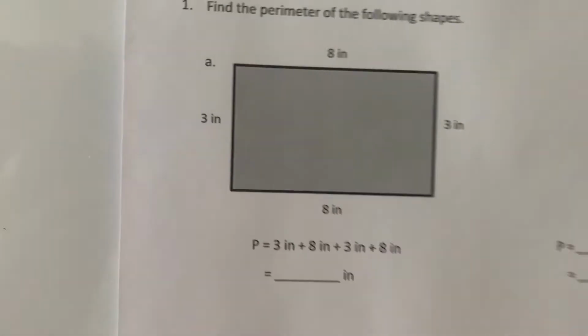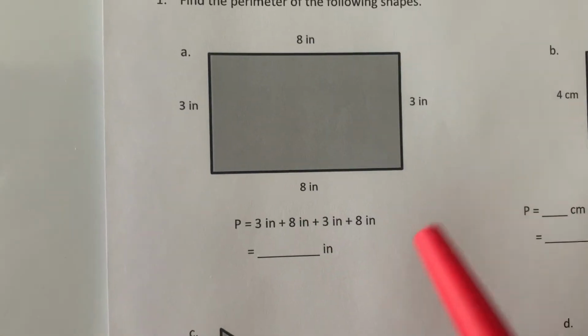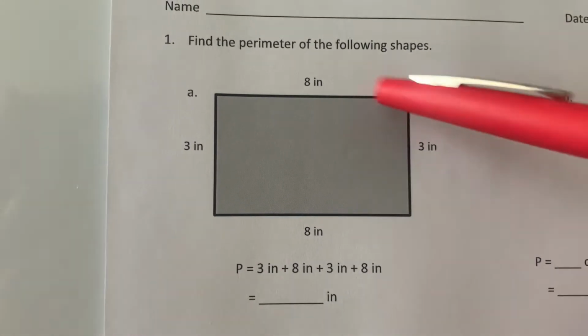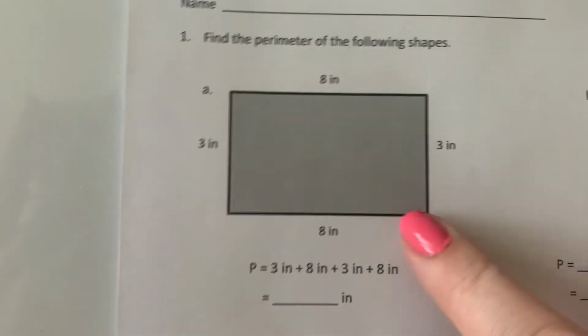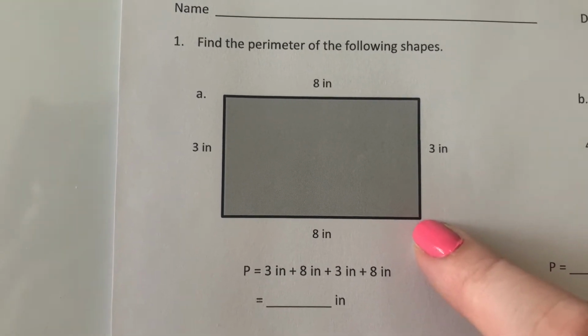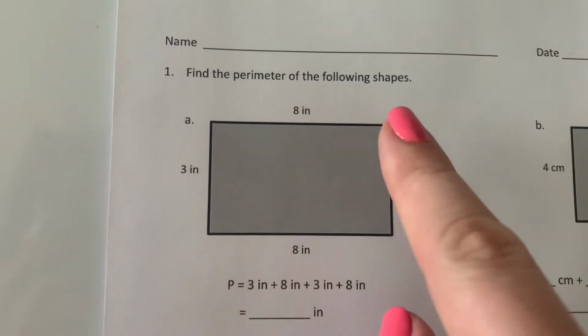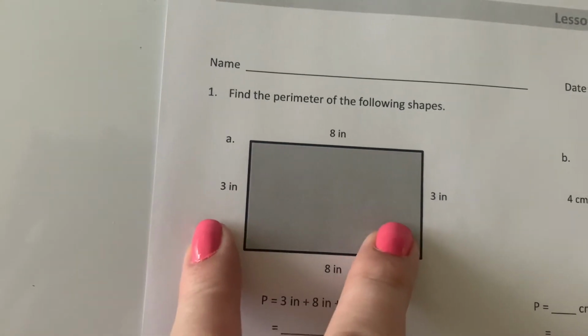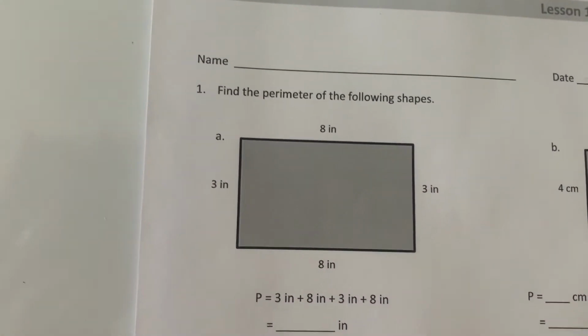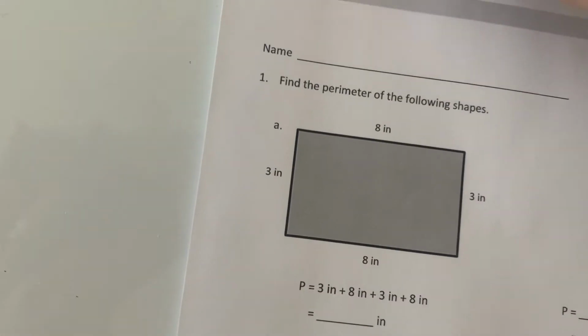So this one is already done for us halfway. So the whole shape is labeled here. We have our side of 8, our other side is 8, and I know that they're both the same because they're the same size, and it's a rectangle. So I have two parallel sides that are the same and two parallel sides that are the same. So what they did was they added, okay?